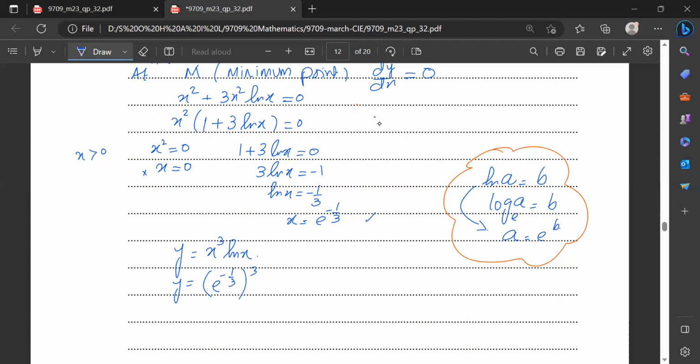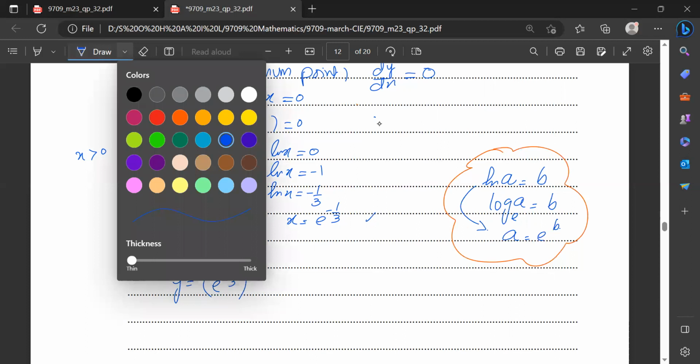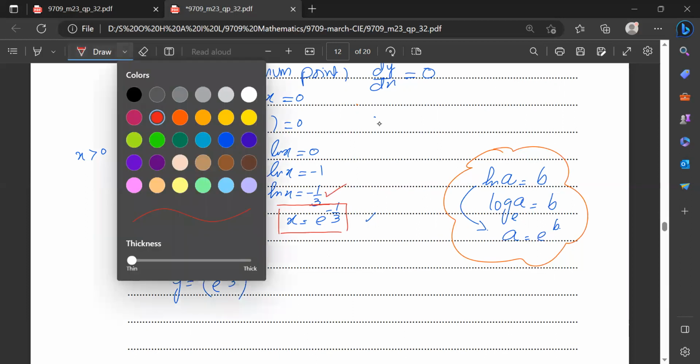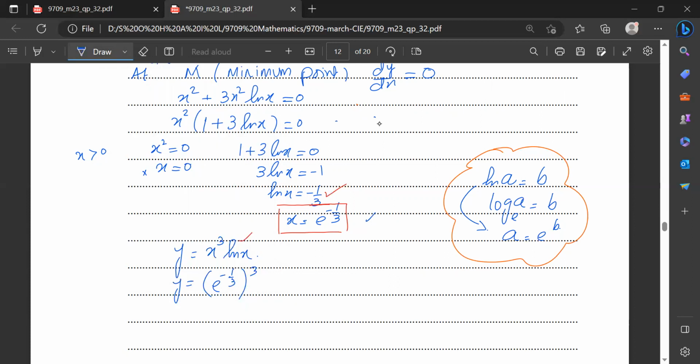So x cubed is e to the power minus 1 over 3, cubed, into natural log of x. Instead of using the natural log of e to the power minus 1 over 3, why not use this straight away? Natural log of x can be replaced by minus 1 over 3. This is the shortcut. Simply write minus 1 over 3.